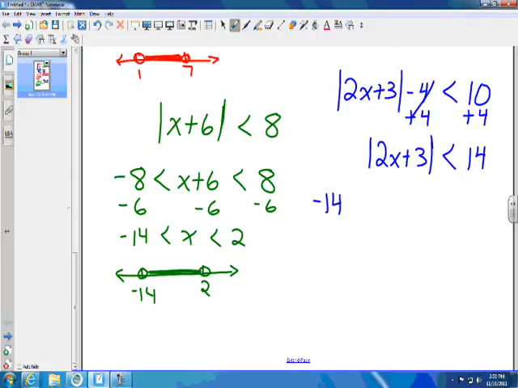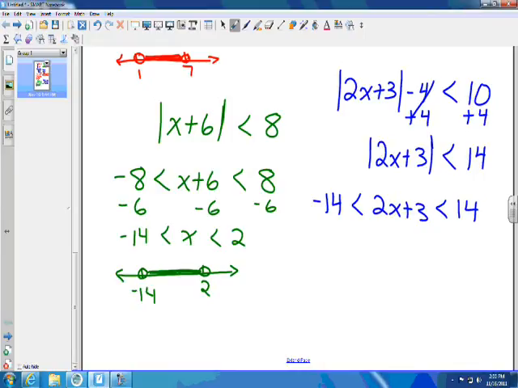Negative 14 is less than, less than positive 14. Do you think it will be important for you to write all these steps down? Yeah. Do you think that you should probably skip things that I'm doing? Probably not. And yet, probably some of you will. So you need to do this. You have to split this. You should not have absolute values once you do split. All those things are highly important.